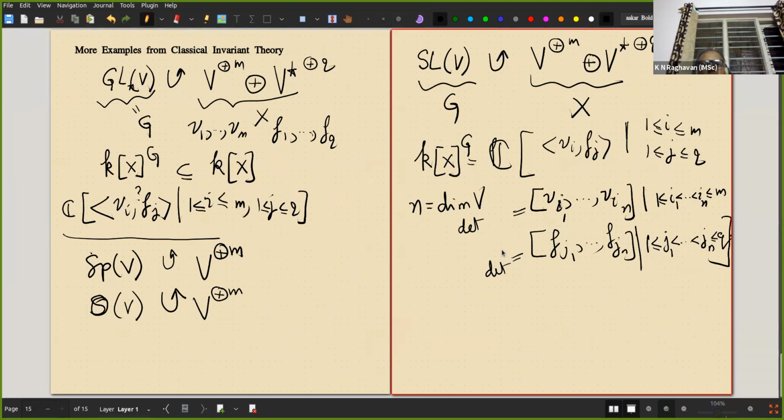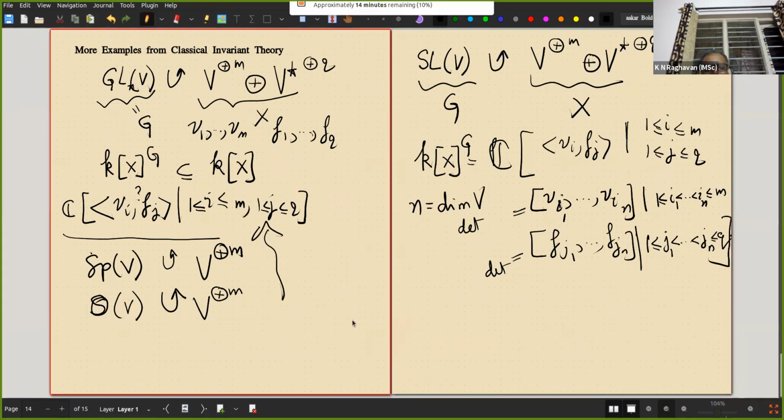And let me just give you one more interesting statement. What is this as a variety? This X mod G, what is it?